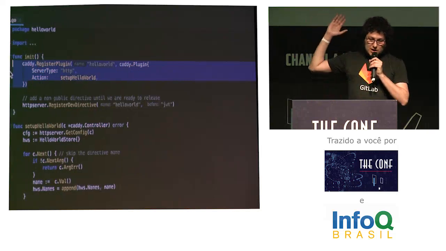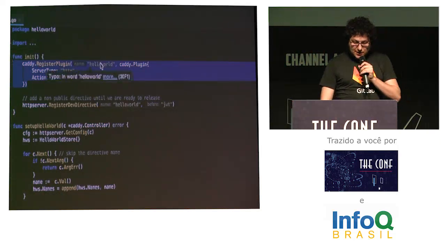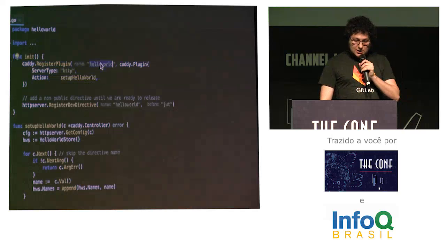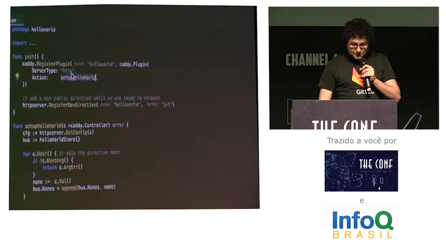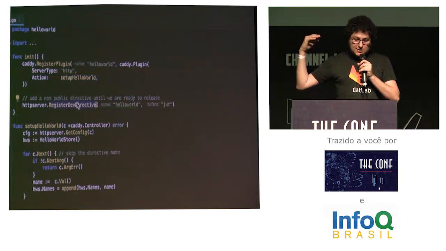You start with register plugin. You give the name of the directive here. You define the server type and the first action that it will call. So this is a callback registration. We also add this to the directives.